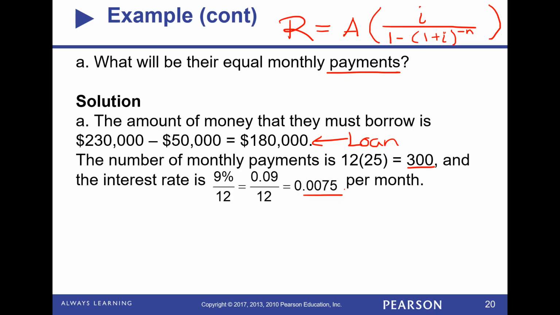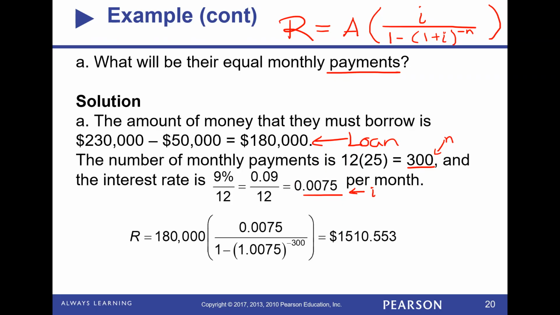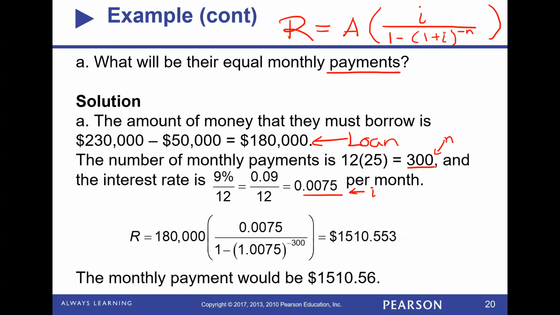Remember, this is I, and this right here is n. Now I am taking 1 plus I, so I'm going to add that together first and plug it in as one big thing. Which means if I am taking out a loan for $180,000 with a 9% interest rate for 25 years, I will be making a monthly payment of $1,510.56. Again, this right here is my monthly payment.